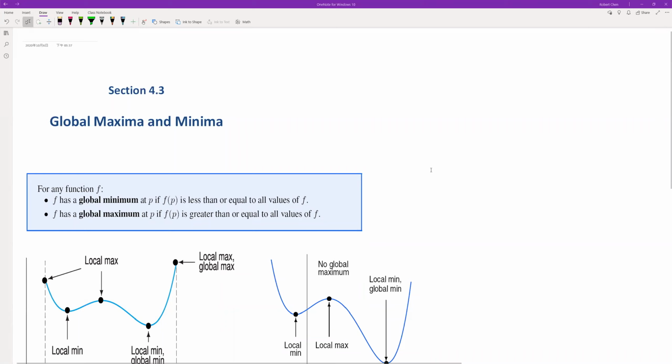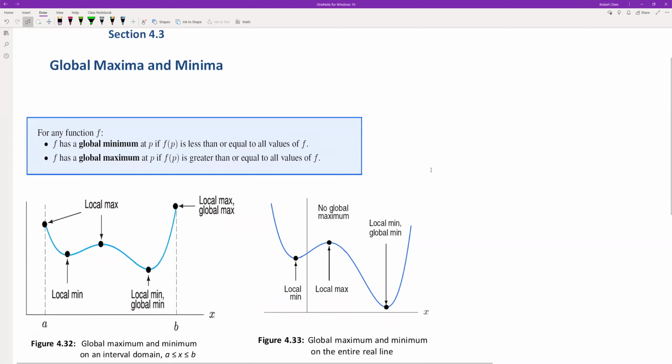Remember earlier when we were talking about local maxima and minima, we spoke of the idea that if the line keeps increasing, then there is really no maximum we can talk about, right? So now instead of looking at the whole real line, we are going to just look at a segment of the x values.